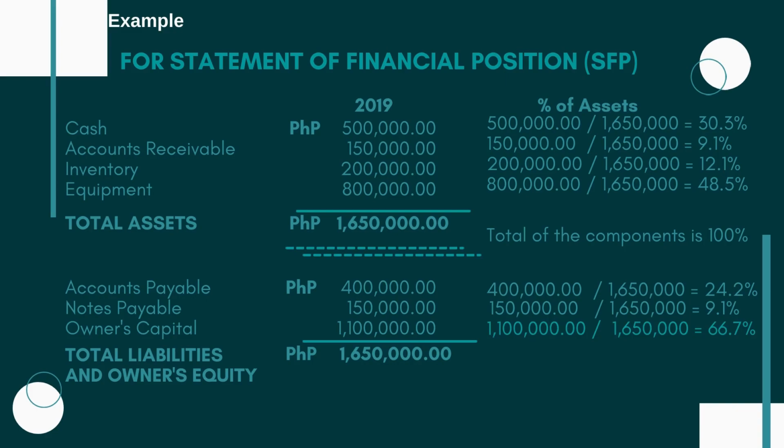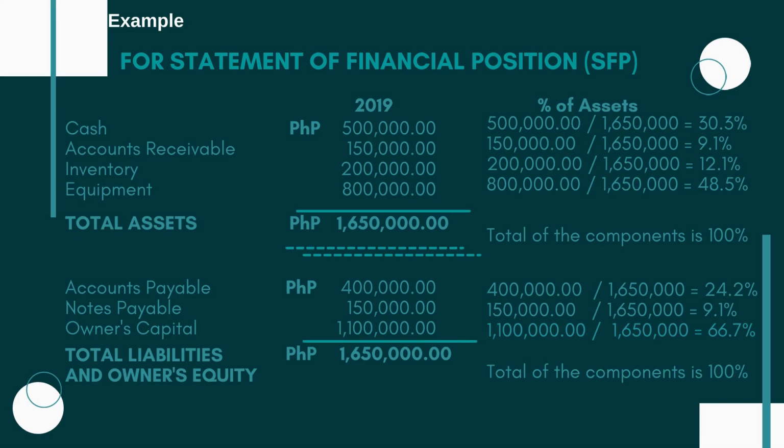In owner's capital, 1,100,000 divided by 1,650,000 is equal to 0.66 times 100 is equal to 66.7%. Total of the components is 100%.